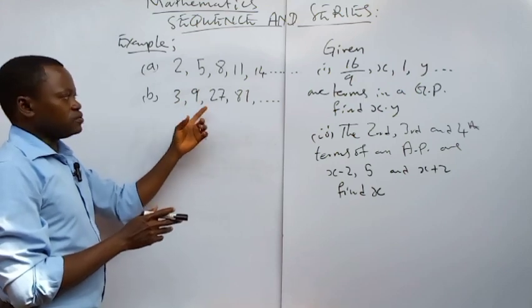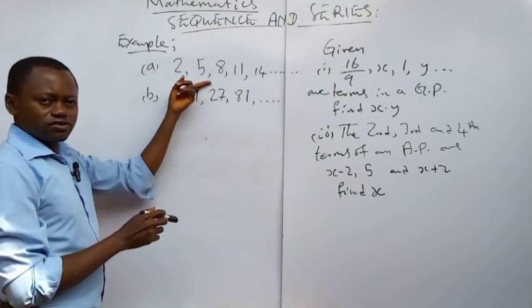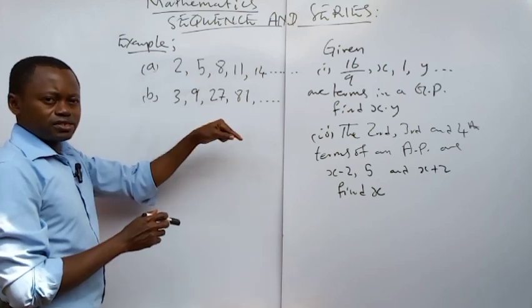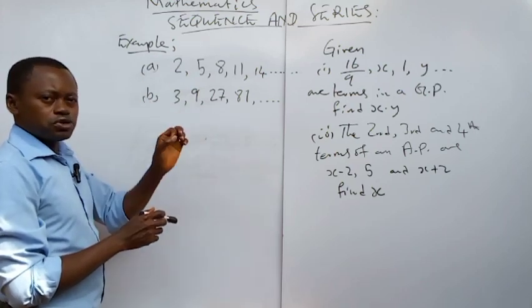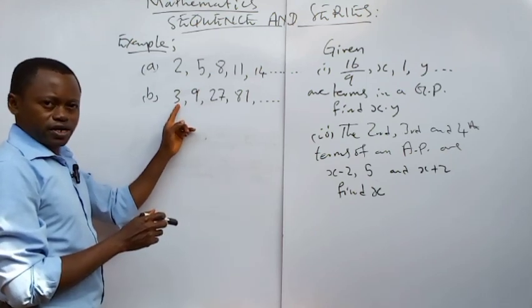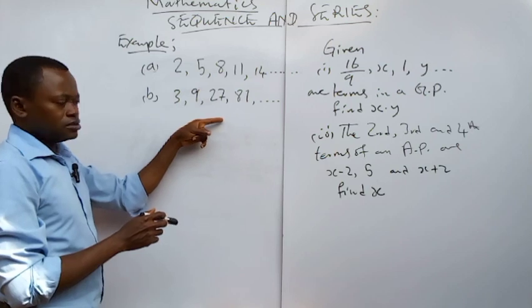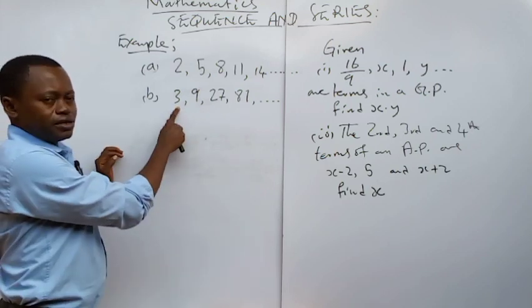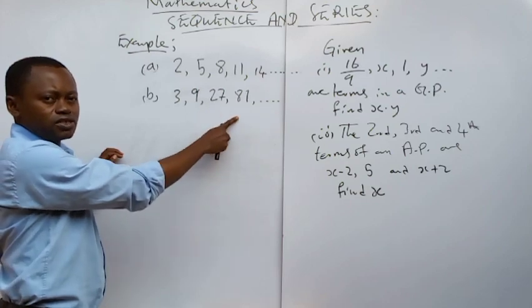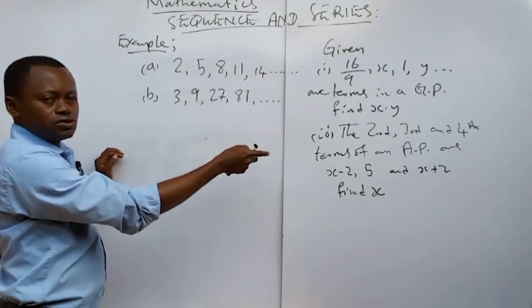If you observe closely, this one goes by addition of a particular value to get the next term, and this one goes by multiplication of a particular value with the current term to get the next. So if I multiply 3 by 3, I'll get 9. 9 times 3 is 27. 27 times 3 will give you 81. It continues like that.